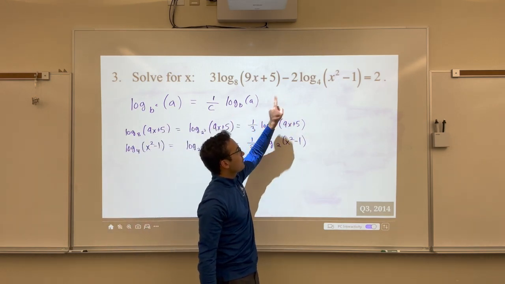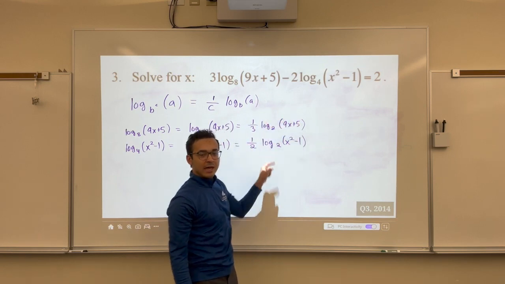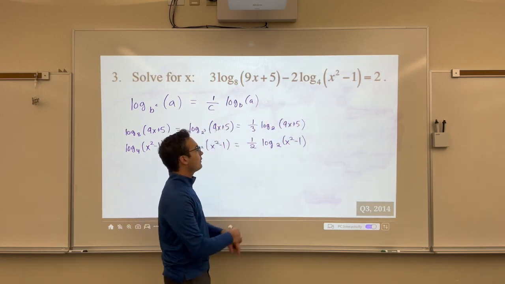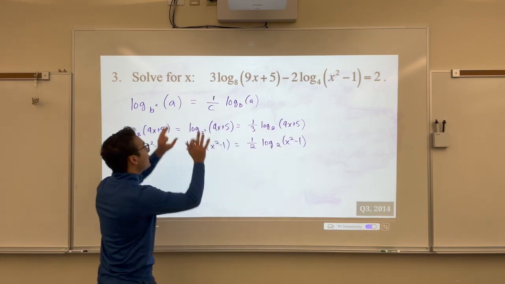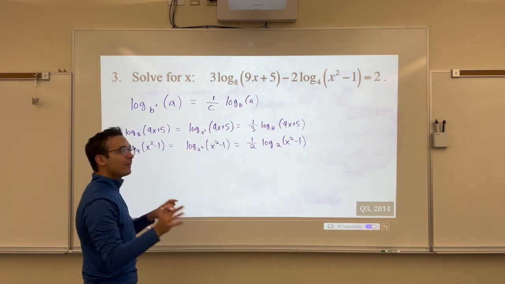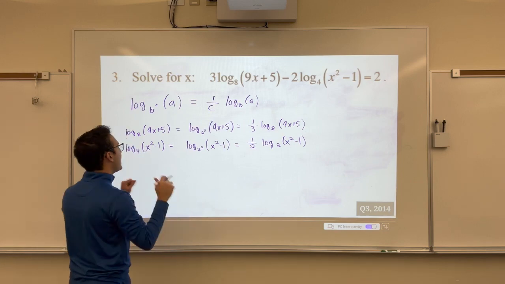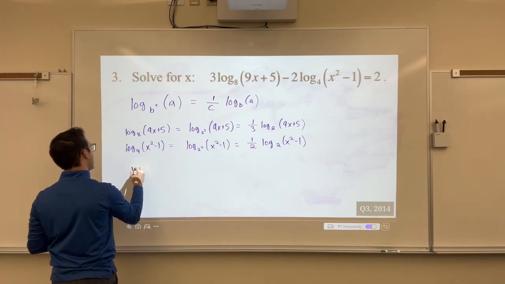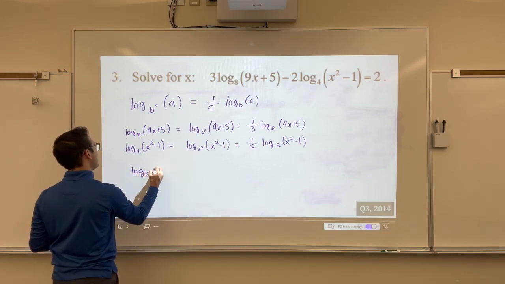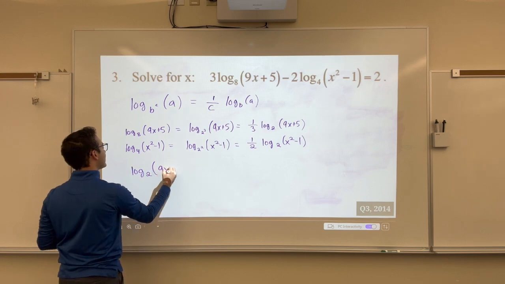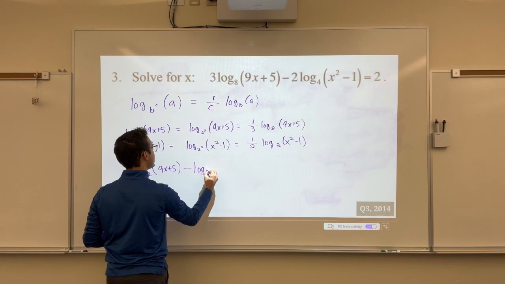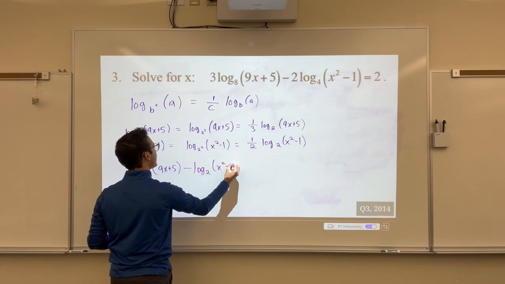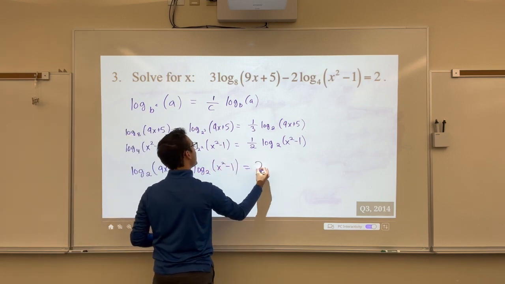We're multiplying it by 2. 2 times 1/2 cancels out, leaving us just with log base 2 of x squared minus 1. So we can rewrite this with a common base of 2, and we can say that log base 2 of 9x plus 5 minus log base 2 of x squared minus 1 is equal to 2.